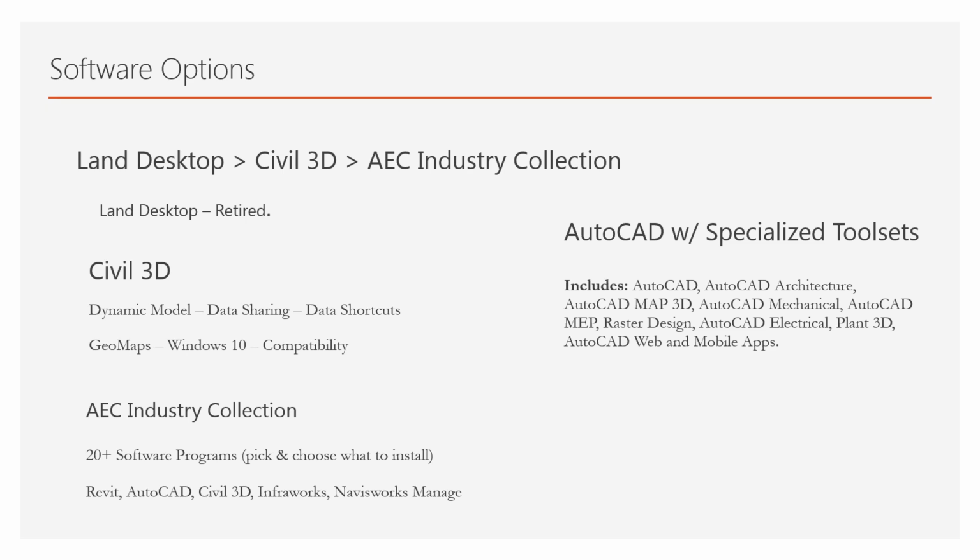The AEC collection includes 20 software programs, the main ones being AutoCAD with the toolsets, Civil 3D, Revit, Vehicle Tracking, Navisworks Manage. Those are the really important ones that we find useful in the collection. And also within the collection, if you need to use any of the software, you can download all of them, or you can download whatever you need.